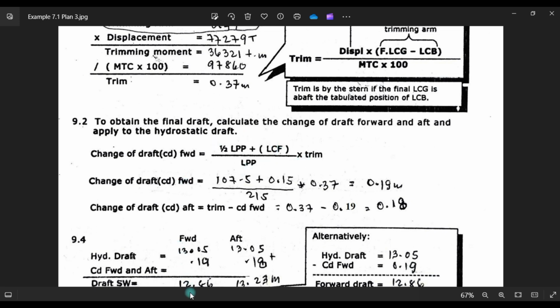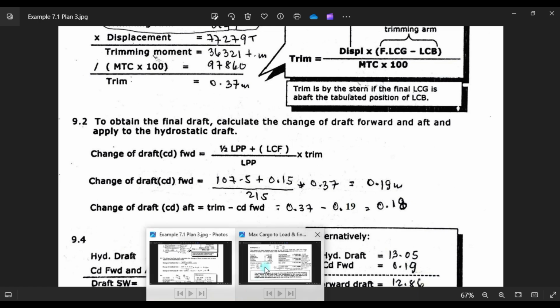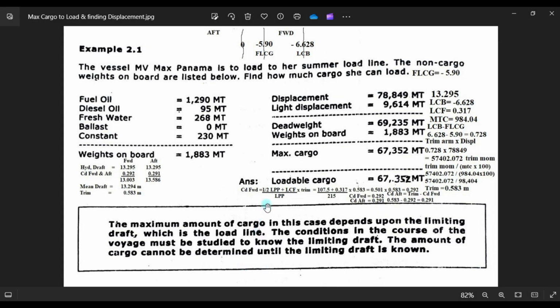So 1/2 of LPP is 107.5 plus your LCF, which is 0.317, over LPP, which is 215, times your trim. Trim is 0.583.